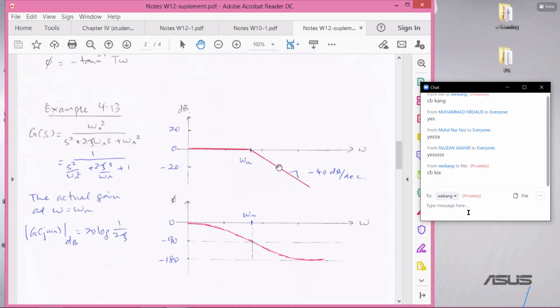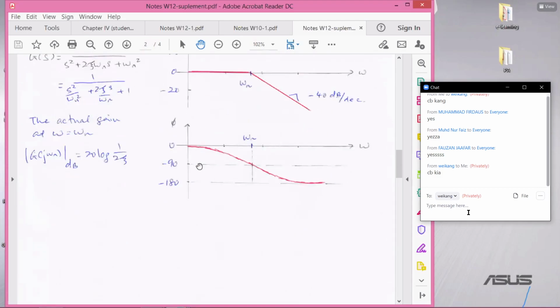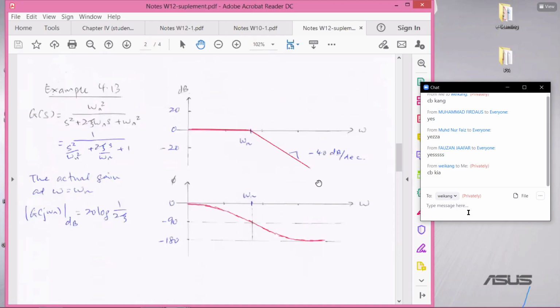After omega n, you're going to drop by negative 40 decibel per decade. And then your phase angle is going to be negative 90 at omega equal omega n, and it's going to go from 0 to negative 180. So every time you have this second order term, you can approximate your Bode diagram using these two lines, one for phase angle, one for the decibel.